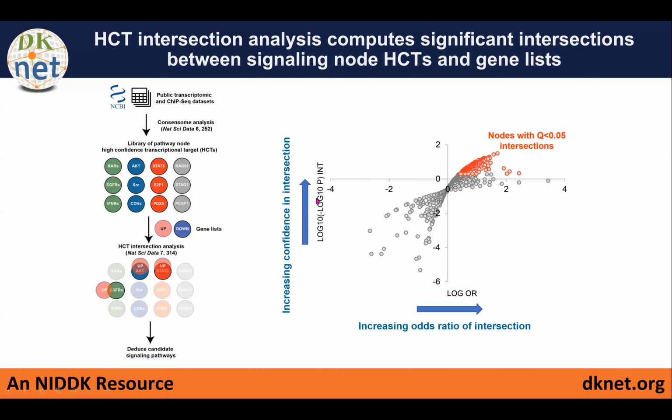And just to refresh your memory of the HCT intersection plots that we'll be looking at over the next couple of slides, the position of a node in the plot indicates increasing confidence on the y-axis and then increasing odds ratio on the x-axis.